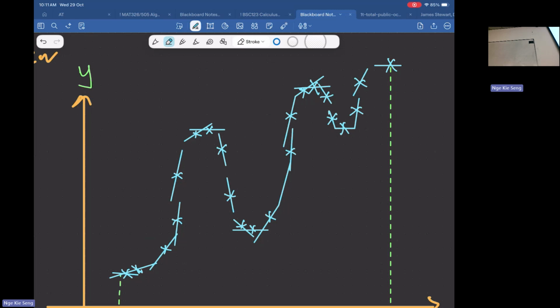There are some almost vertical lines, but there are certainly some horizontal lines. Do you still remember what the gradient of a horizontal line is? Zero. Okay, so these horizontal lines give you some idea.